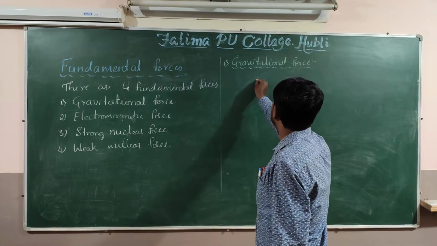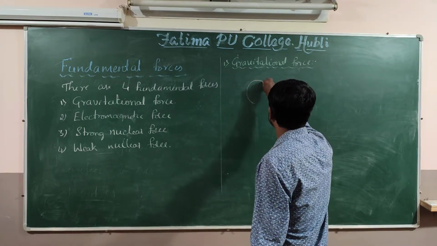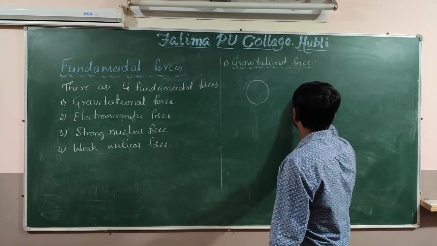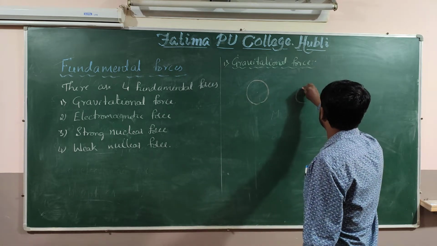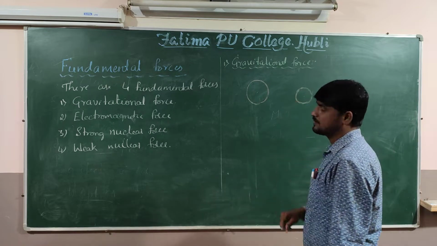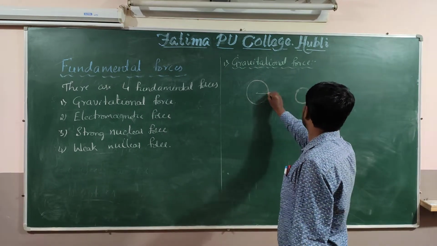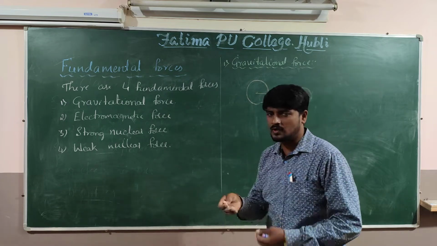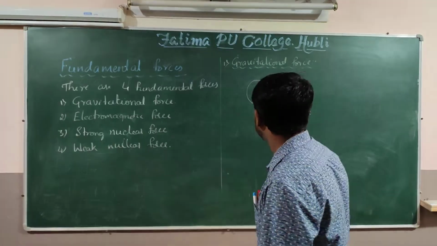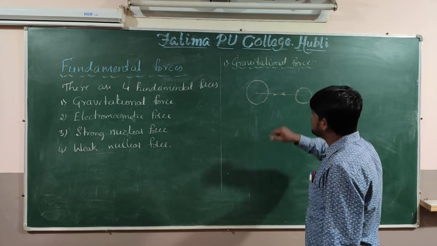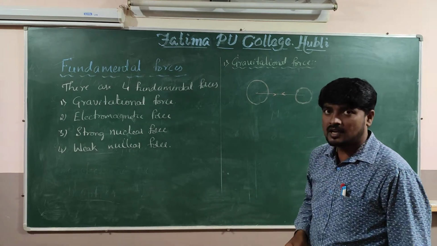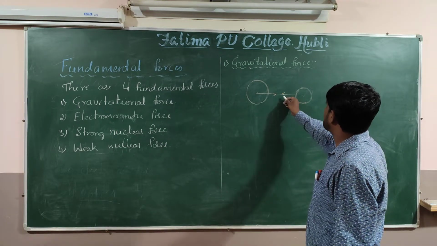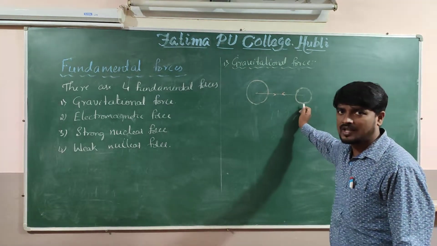There is a heavenly mass body attracting another heavenly mass object. This is pulling towards it and this is pulling towards it. There is a mutual attraction. You studied this in the 9th or 10th standard: the gravitational force between any 2 celestial bodies.